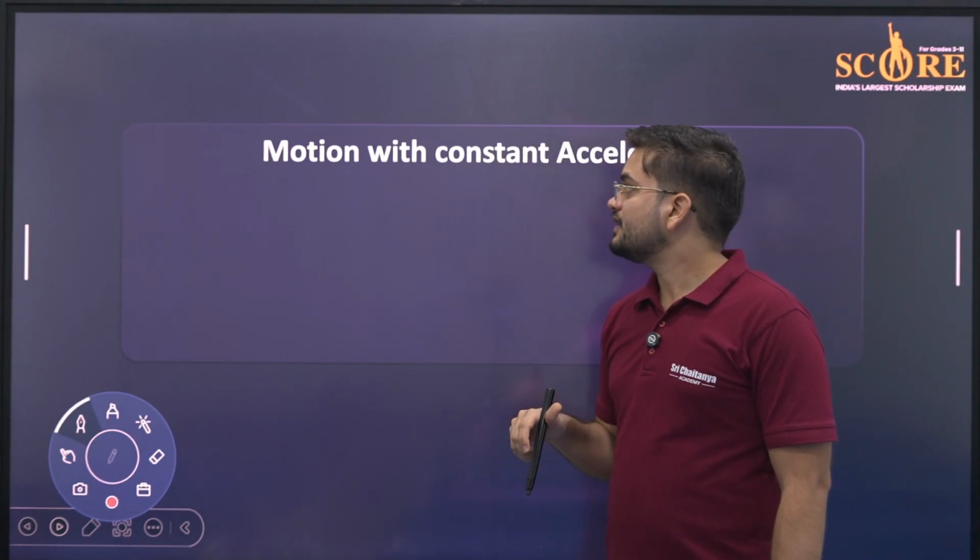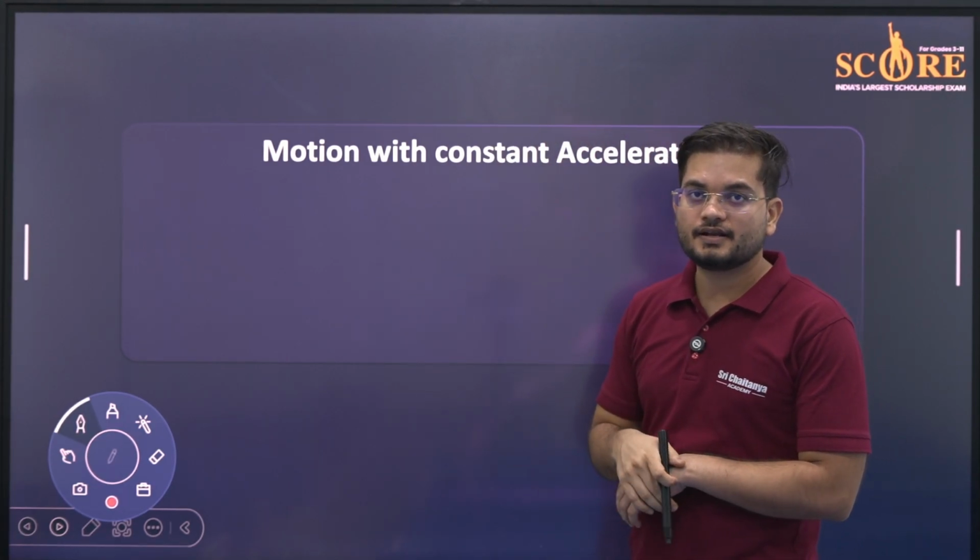The next segment is motion with constant acceleration.